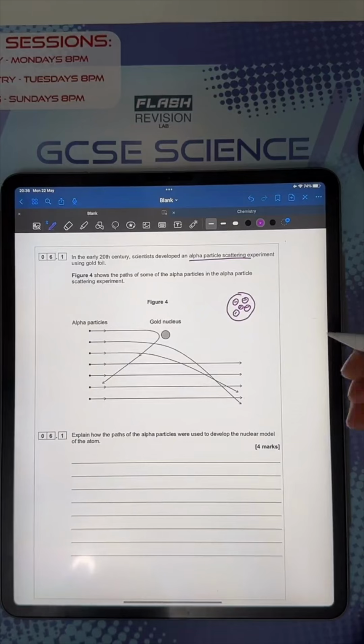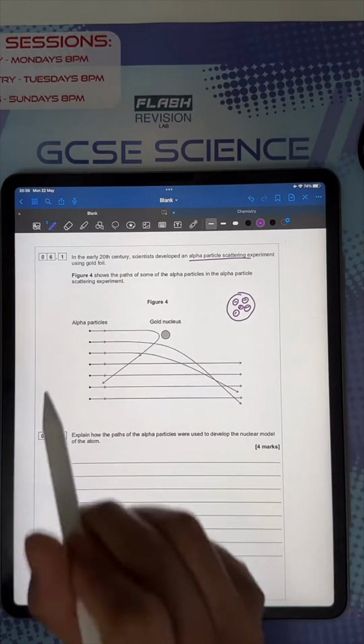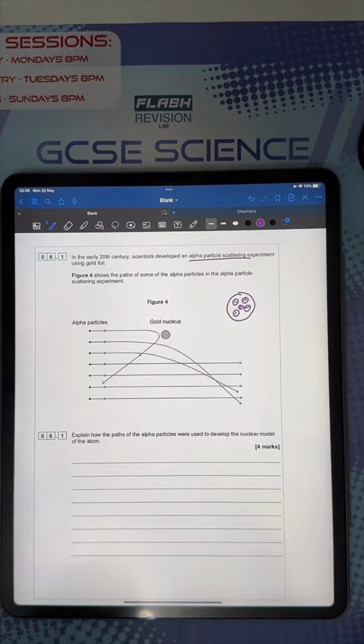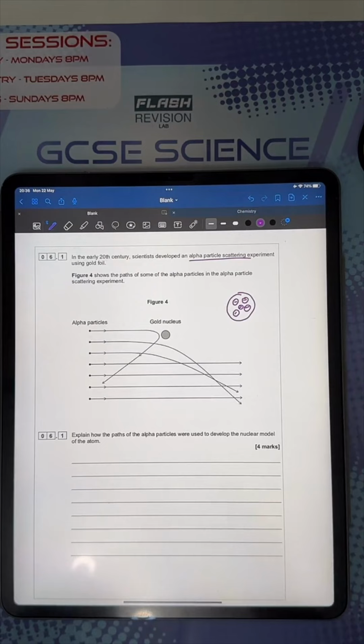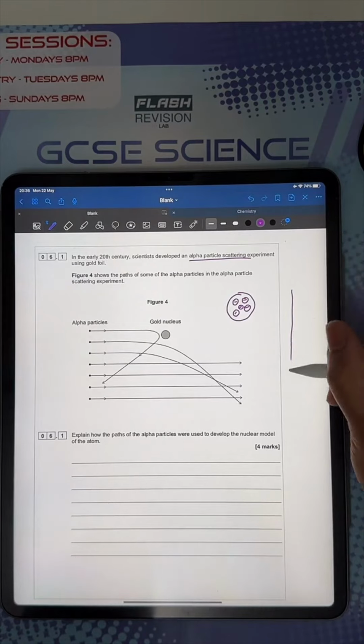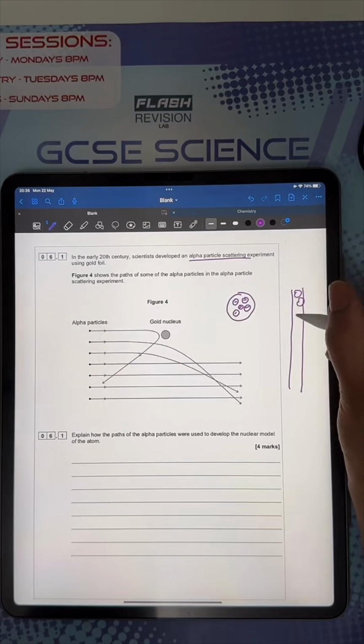So what happened is Rutherford did an experiment called the alpha particle scattering experiment, where he fired alpha particles at a thin gold foil. Thin gold foil, because you're basically assuming it's so thin that it's one atom thick. It's probably not one atom thick, but you can assume it is.